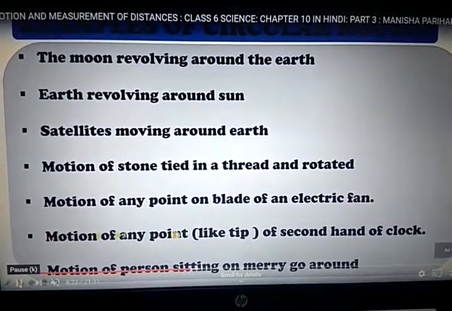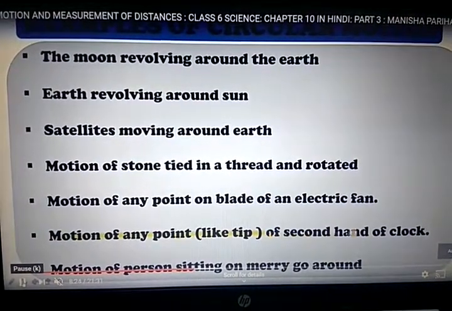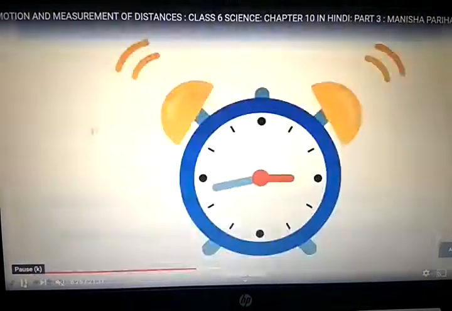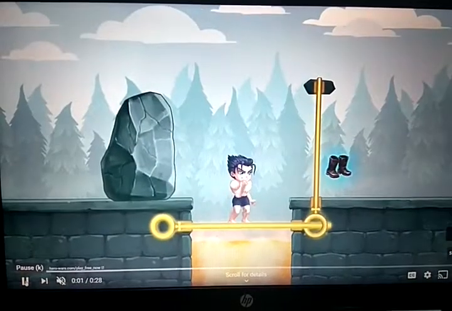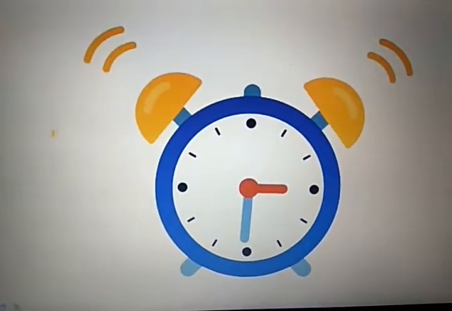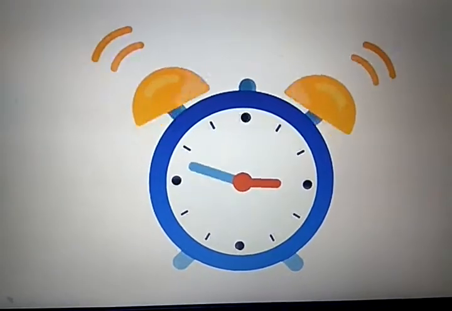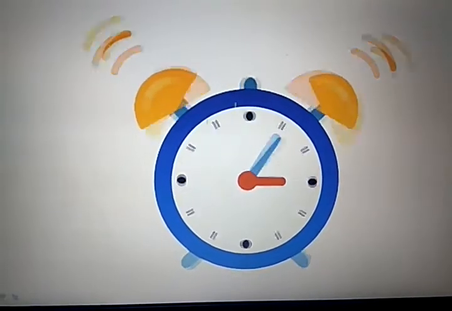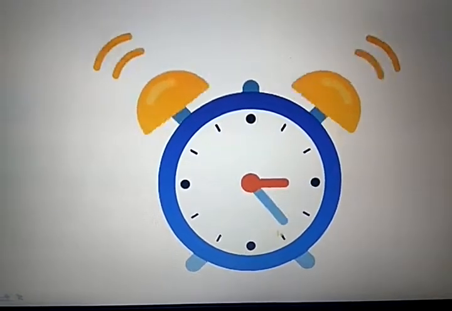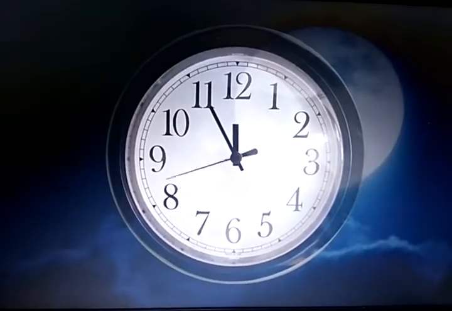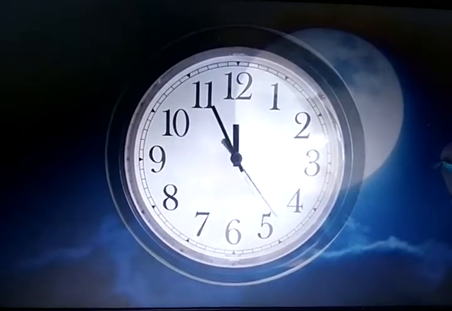This is also an example of circular motion. Motion of the clock, second hand, circular motion.